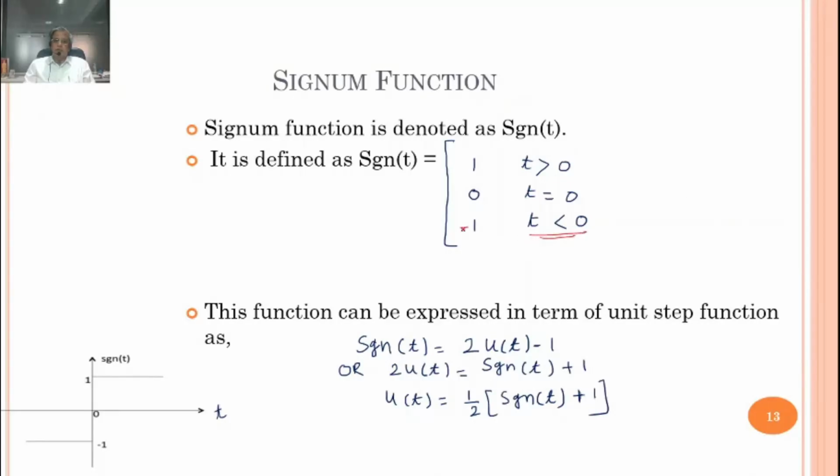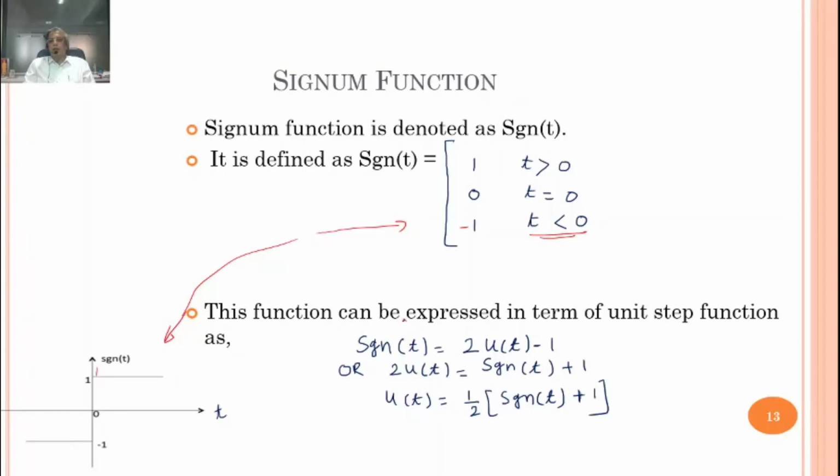And the graphical representation of this function is like this. For t greater than 0, this is positive and the magnitude is 1, and for negative values of t, this value is minus 1.